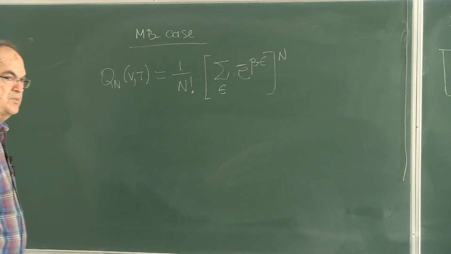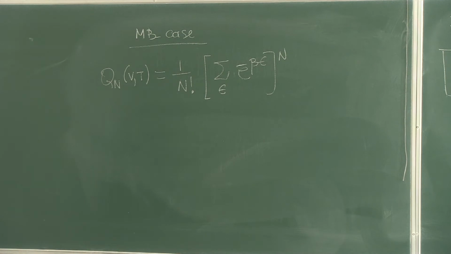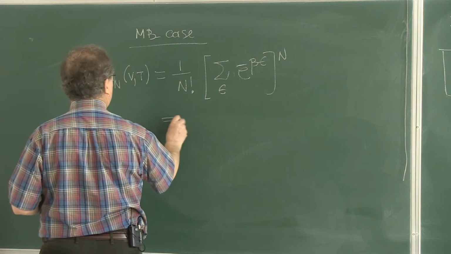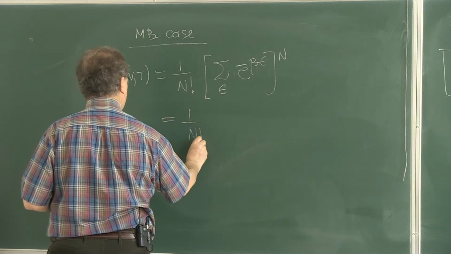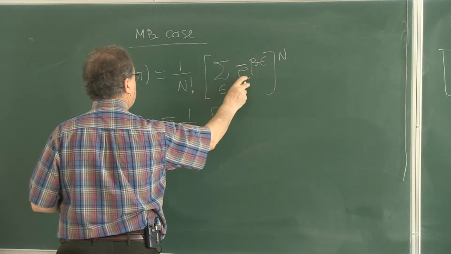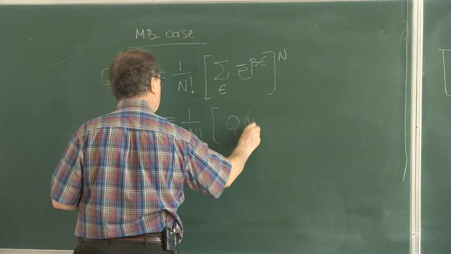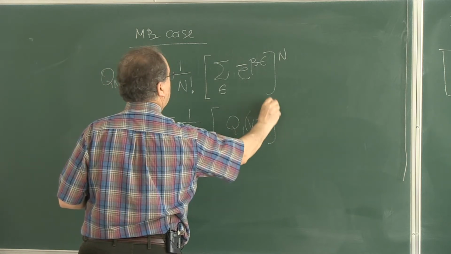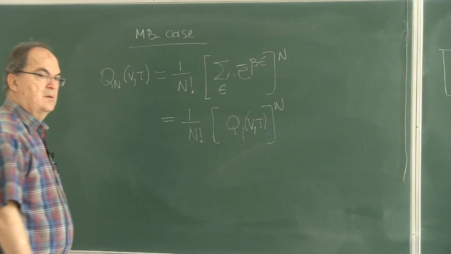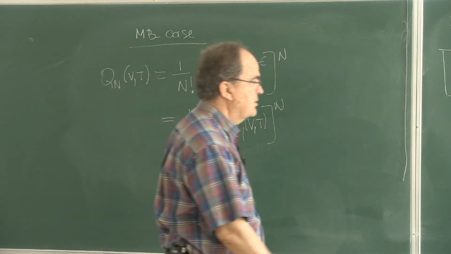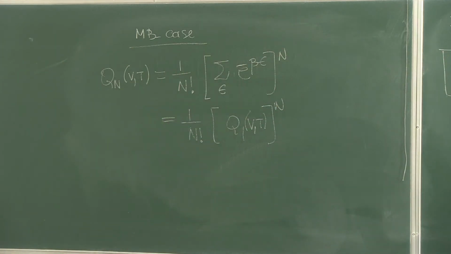It is of this form, isn't it? So this is 1 over N factorial times the single particle partition function to the power N, as we have done before. Okay? So in that case, here is the result.